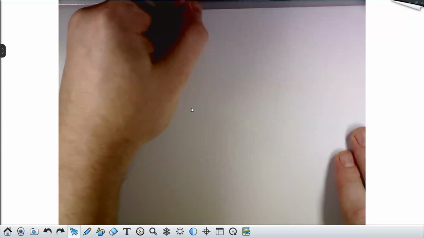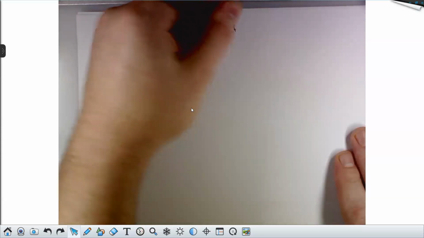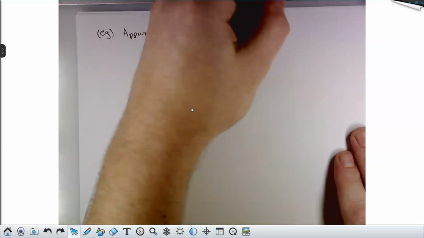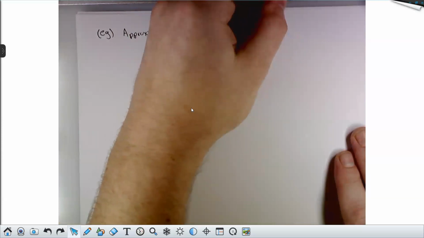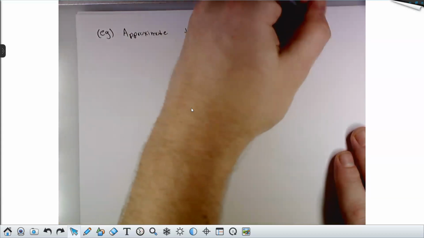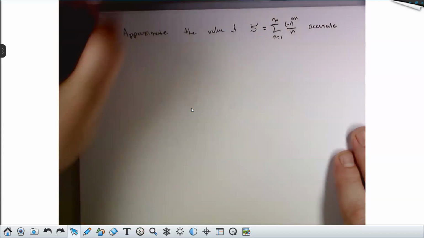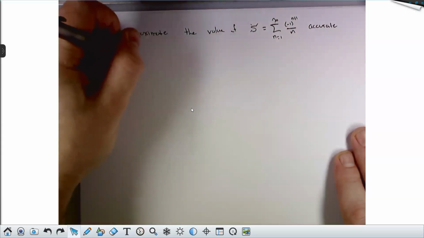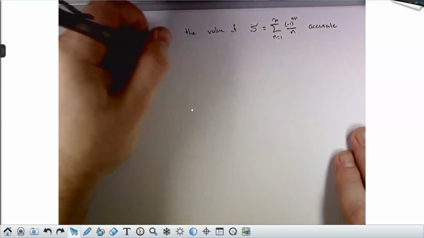So an example of a problem we can solve with this: approximate the value of, I'll use the same series we've been working with, sigma n from 1 to infinity, -1 to the n plus 1 over n, accurate to 3 decimal places.